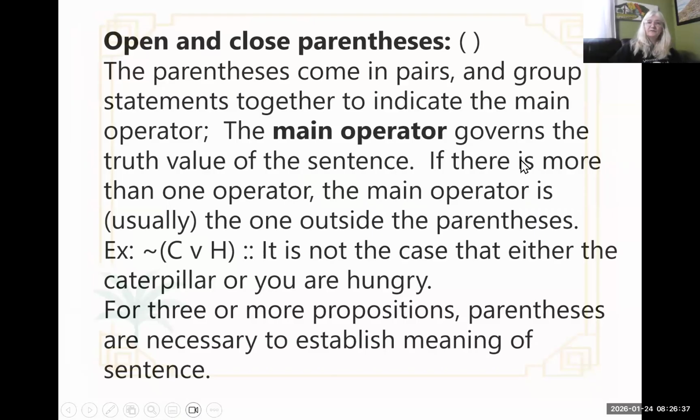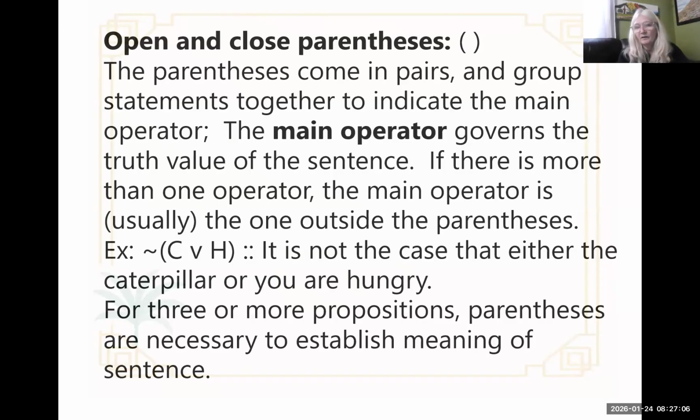We sometimes need to use parentheses, both open and closed, and we always use them in pairs. These are what we use to indicate the main operator. The main operator governs the truth value of the sentence, meaning that when we are calculating the truth values, we calculate the minor truth values first, and by those values, we can figure out the main operator's truth value.